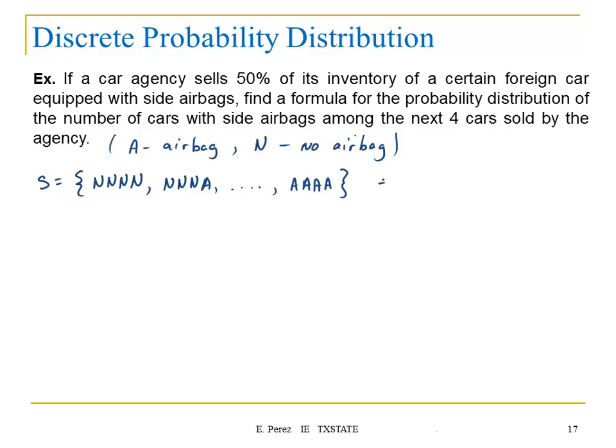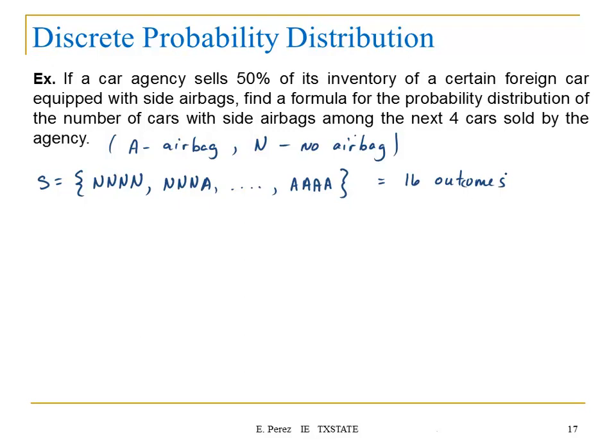And you're going to have a total of 16 outcomes. So this is from the second lecture. The output is the sample space, right? So we have 16 outcomes.